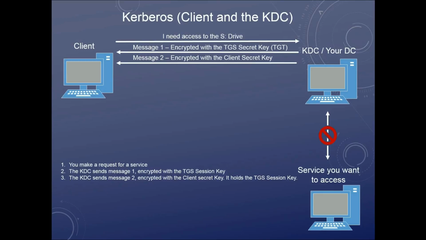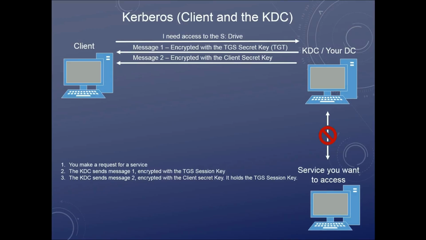All right, one message is what we call the TGT, the ticket granting ticket. It's going to have your name in it, your ID in it, the name of the KDC itself. It's going to be time stamped. It's going to have the lifetime of the TGT, say 5 minutes, 2 minutes, whatever.